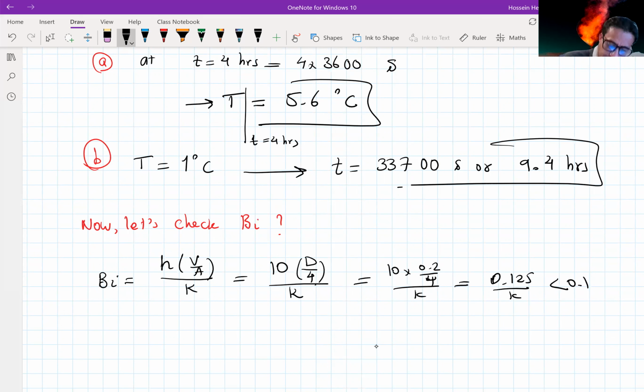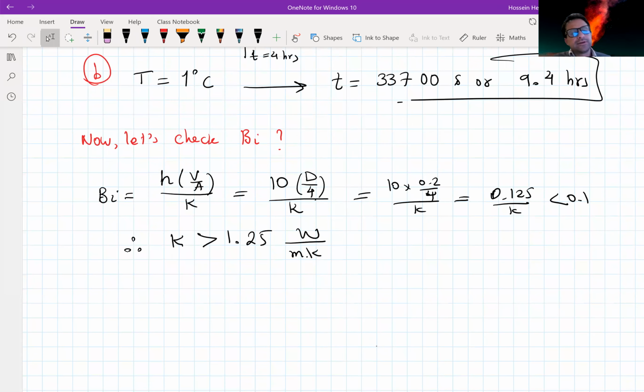You want that to be less than 0.1. From here, k should be greater than 5 watt per meter Kelvin. If the overall material, the oil that we have, has a thermal conductivity greater than that, the assumption is correct, everything is fine.